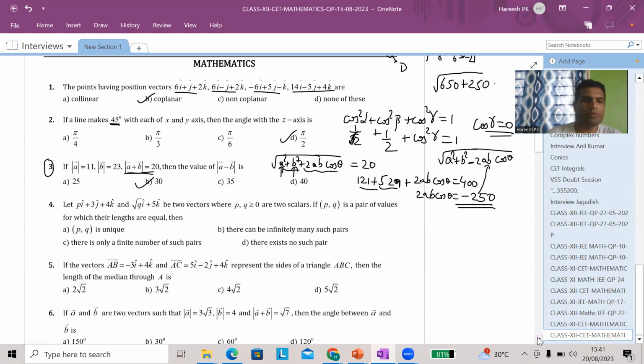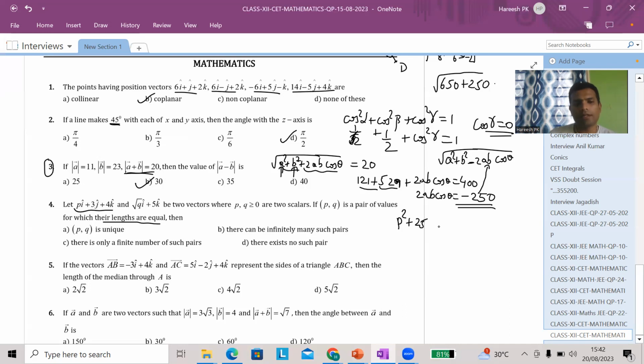They're saying there are two vectors, and they're saying the lengths are equal. So what is the length? Length of this would be root of p square plus 3 square plus 4 square. So if I square the length, I'll get p square plus 25.